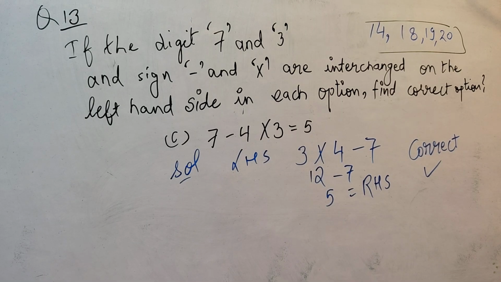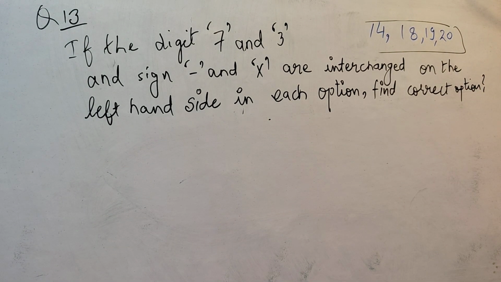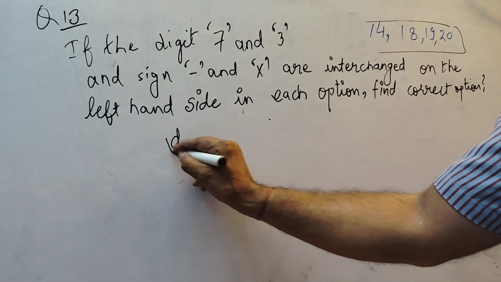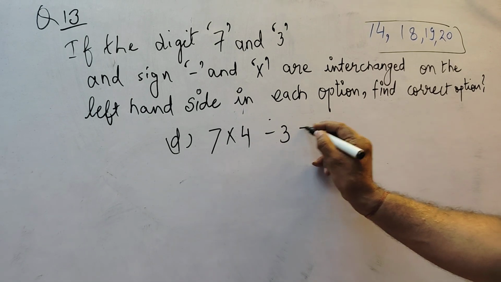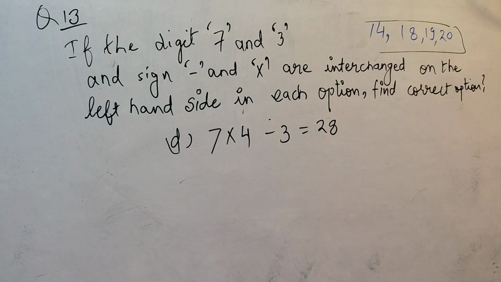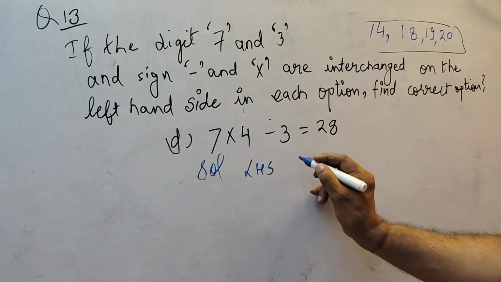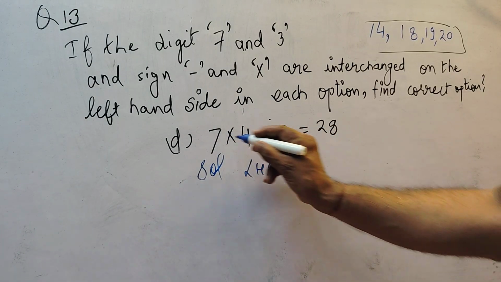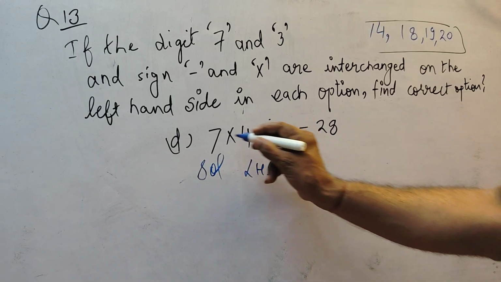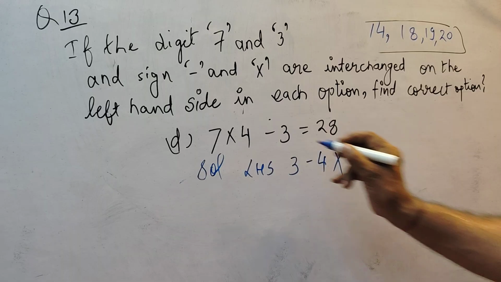Now we can check D also, the last option. D option is 7 multiply 4 minus 3 equal to 28. In the D option, we solve the left hand side. So 7 and 3 are replaced. We replace 7 with 3, multiply with minus, minus with multiply, and 3 with 7.